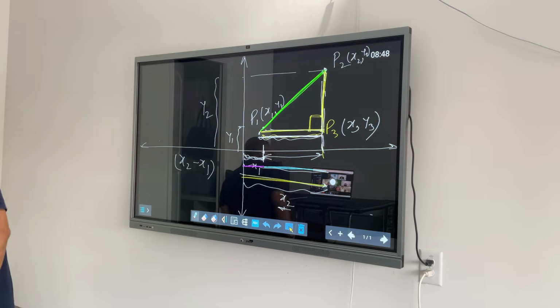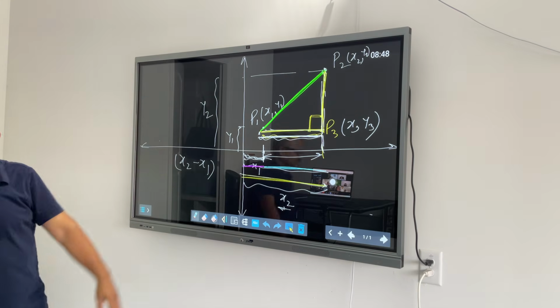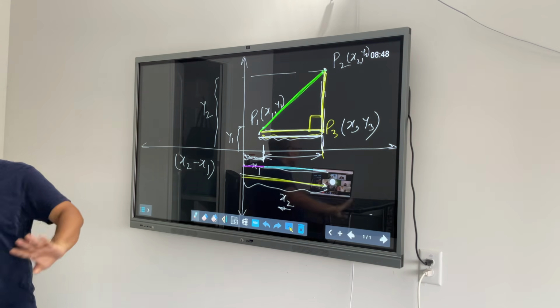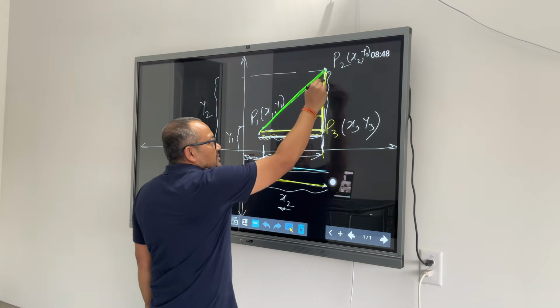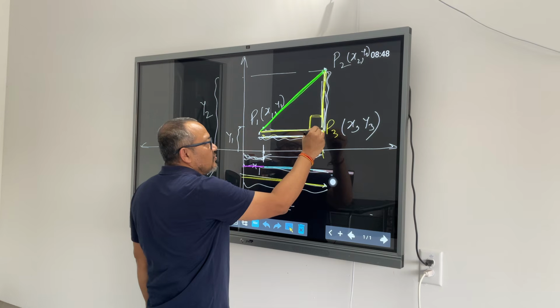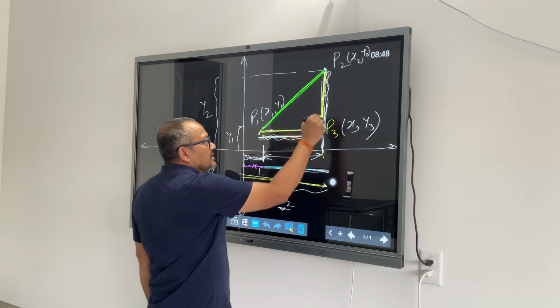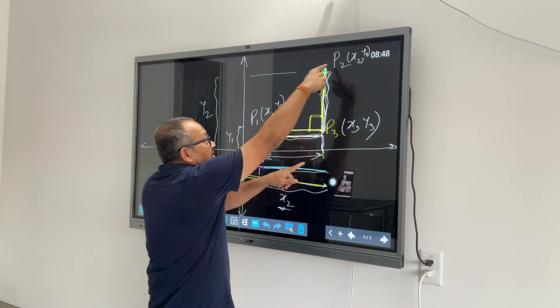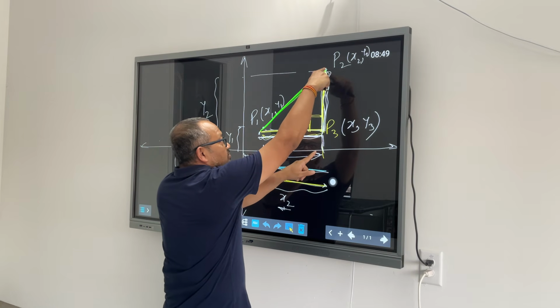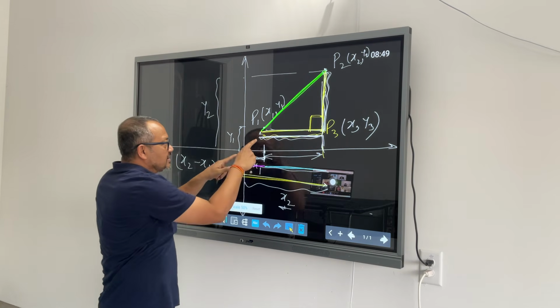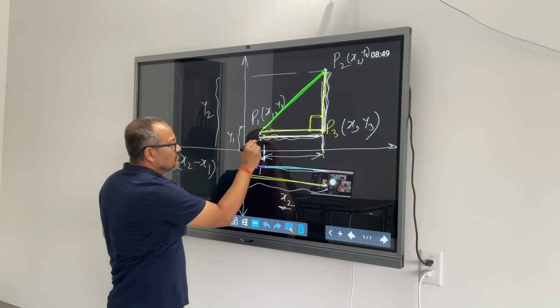So now for this question I will not get a prize, but if I ask how much is the length of this side from here to here, what will that length be? For this point, the y coordinate is y2, meaning this length is y2. This point's y coordinate is y1, so this length is y1.